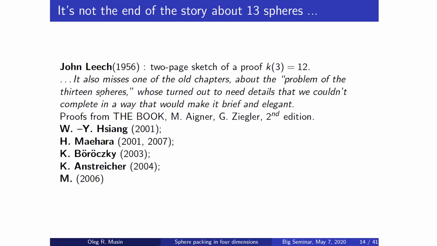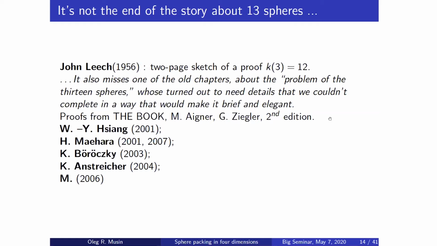They wrote that it also missed one of the old chapters about the problem of the shooting spheres, which turned out to need details that we could not complete in a way that would make it brief and elegant. Actually, what he told me is that they received several angry letters from readers that it is very well written, everything great, some pictures, but however there is some gap. And they agreed, and actually they removed this chapter from the book.